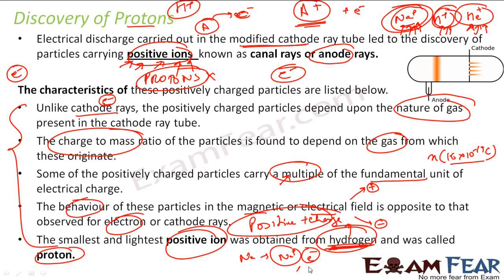The best part with the electron is that it is the same whether you take it from sodium, carbon or hydrogen. The worst part with the ion is that it is different. You take it from carbon, the property is different. You take it from hydrogen, the property is different. That's why it took a little more time to discover proton than electron. So now we had proton, we had electron. We know the charge and mass of proton and electron.